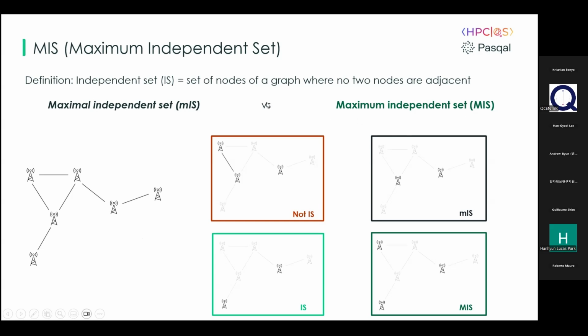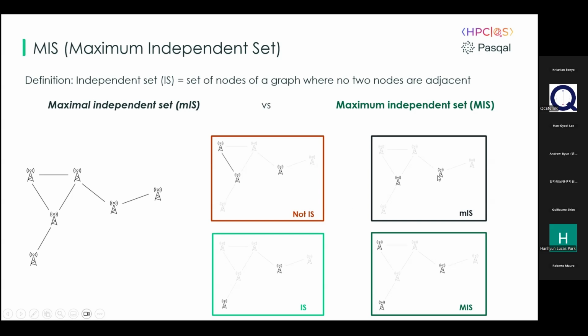So what's the difference between the two? A maximal independent set refers to an independent set to which you can no longer add nodes to keep it independent. To illustrate this, there is the example on the top right part. You have two nodes selected, one in the left on the middle and one on the right in the middle. There is no edge running in between them, so it's an independent set.